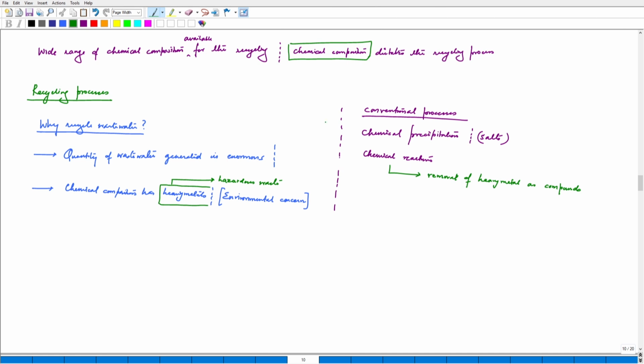Conventional processes involve the precipitation, or we can also have some sort of oxidation or reduction reaction that can help us in removal of these products. Now, at times these might work, but the chemical variation itself in wastewater is enormous, so one has to think of devising other strategies also on top of them.